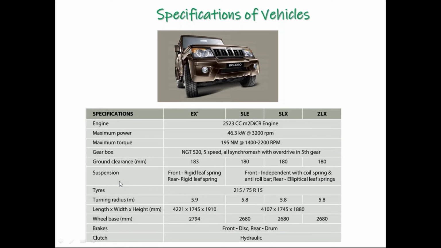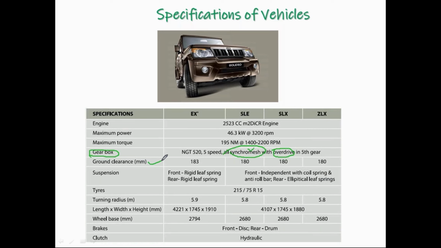Based on comfort, you may consider the gearbox. The name mentioned over here is synchronous type of gearbox and overdrive. From all these specifications, I am intentionally highlighting a few parts which we will be discussing in our upcoming topics. The gearbox is one of our systems in which we will be discussing synchronous and overdrive.